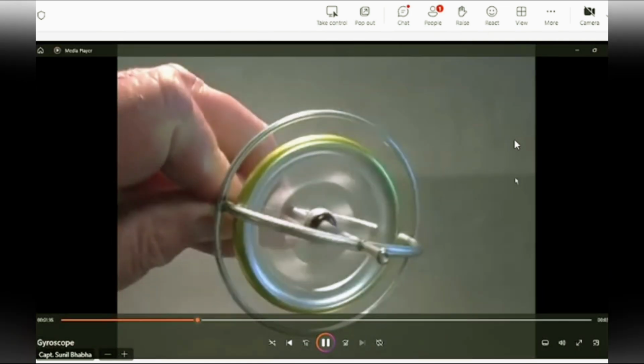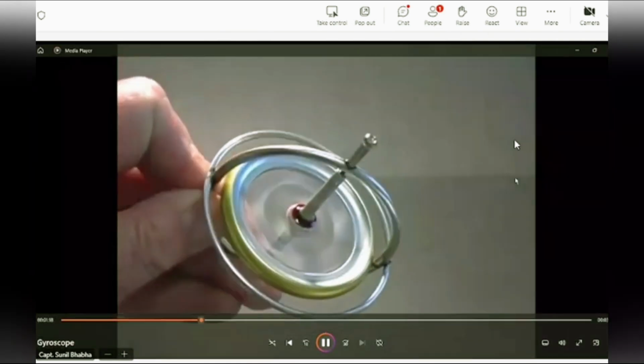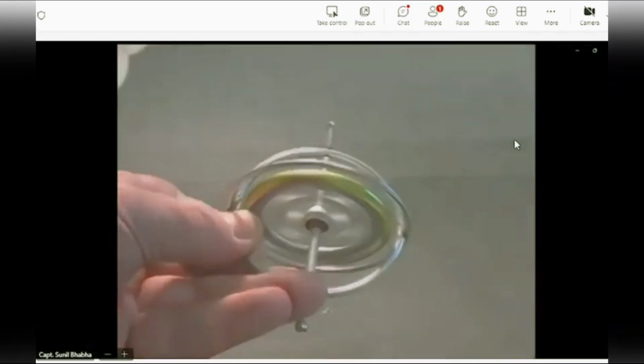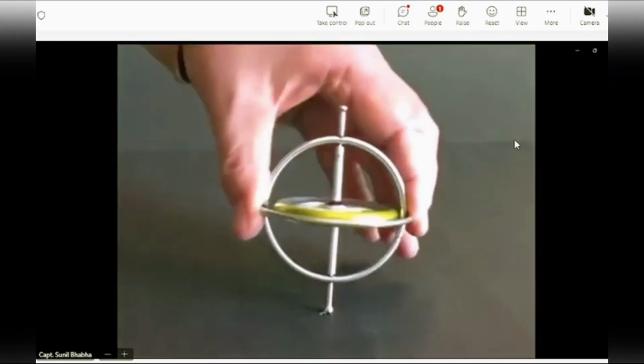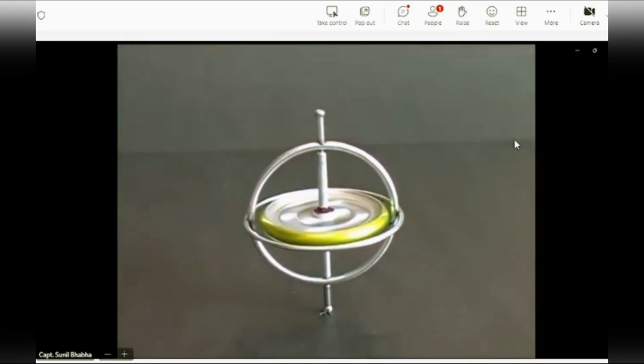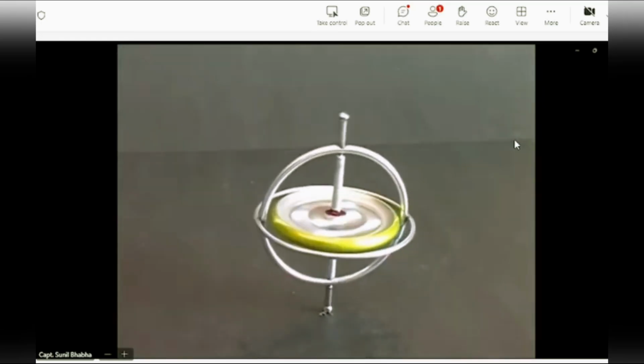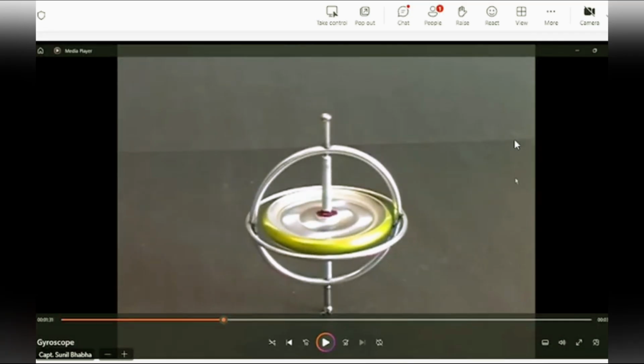A resistive force appears when I attempt to tilt or rotate the gyro. Now when I stand it on the tabletop, it stays vertical. The spinning wheel is creating a force that holds the gyroscope upright. So now it is not falling because of gyroscopic inertia. The gyroscopic inertia keeps the spin axis pointing in that fixed direction.